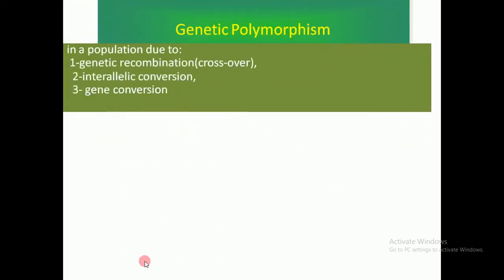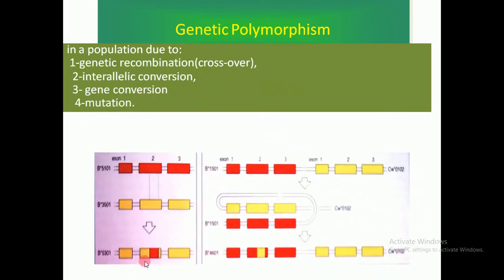Genetic polymorphism. Why is there a large number of HLA alleles? This is due to genetic recombination, crossover, as here. One segment will translocate to another segment. So this leads to production of a new allele.